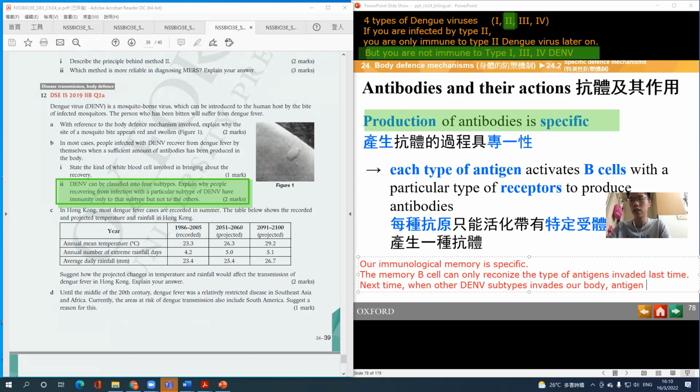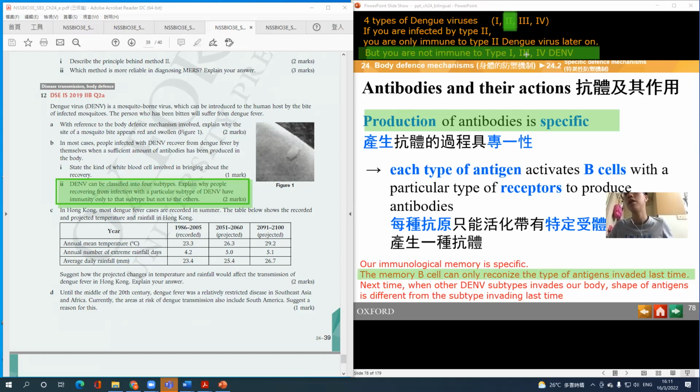The antigen shape is different from the subtype that invaded last time. Okay. Last time there's some kind of virus infecting you. So our memory B cell can only recognize the type 2 dengue virus.